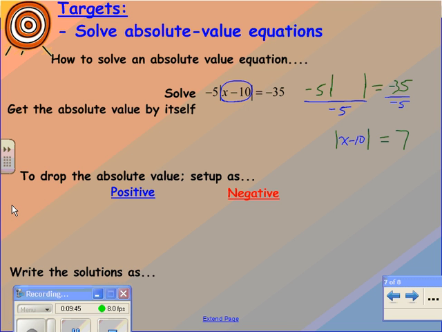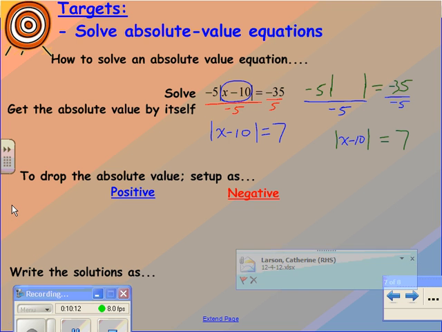So to show that again over here underneath the problem, I would take this whole thing and I would divide by -5. So if I do that, again, this is going to give me the absolute value of x minus 10 is equal to 7.